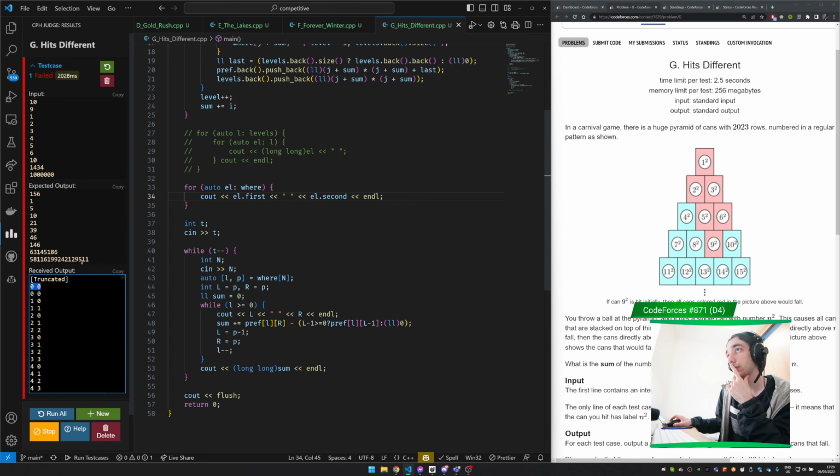So 0, 0, 0, 0, 1, 2, 1, 0, 1, okay. This is correct. It should be 3, 2. Oh yeah, 2, 2 is because it's 2 here, right? But the level is 3.